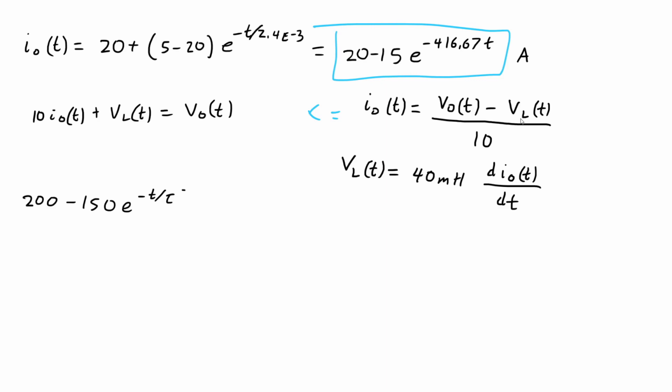And then VLT is going to be 40 millihenry times the derivative of 20 minus 15 e to the minus t over tau with respect to t.